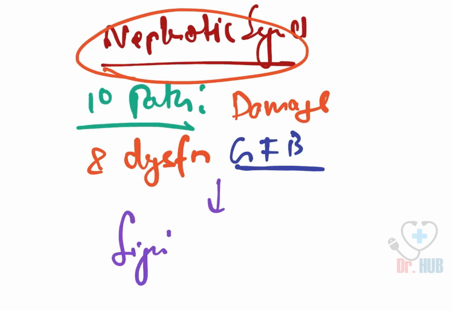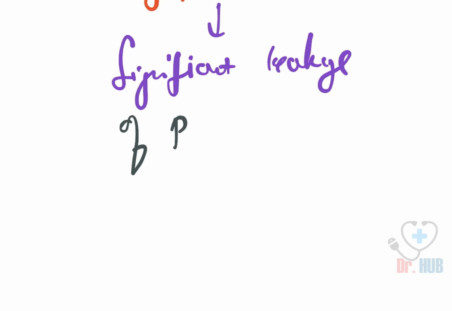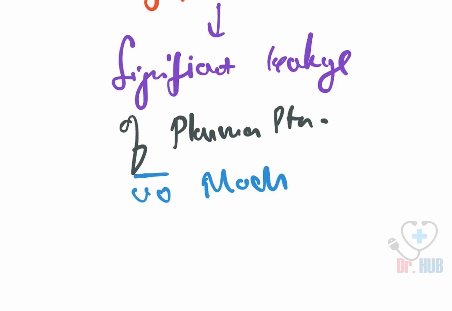This causes a significant leakage of the plasma proteins, and this is without much glomerular inflammation.